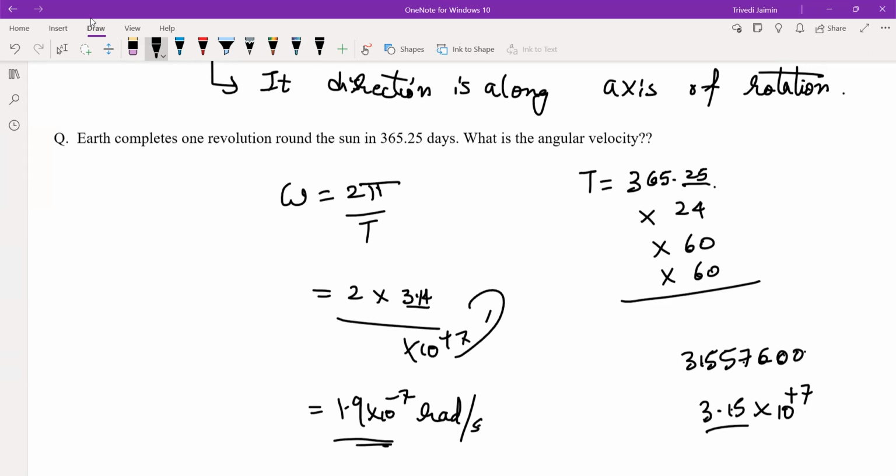Instead of dividing, taking so much time, convert this into powers. It won't make much difference here. Or you can round up to 3.16, then you can try. Check, are you getting the same 1.9? Or 1.8 something, round off to 1.9.